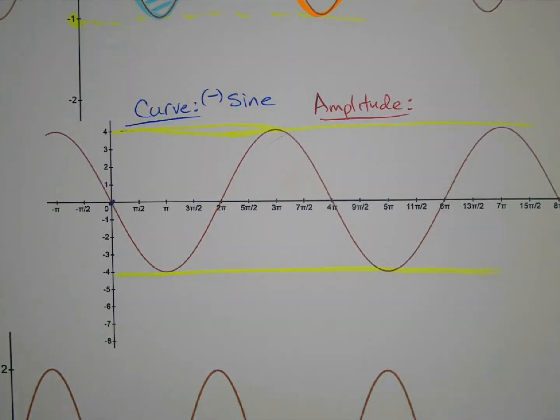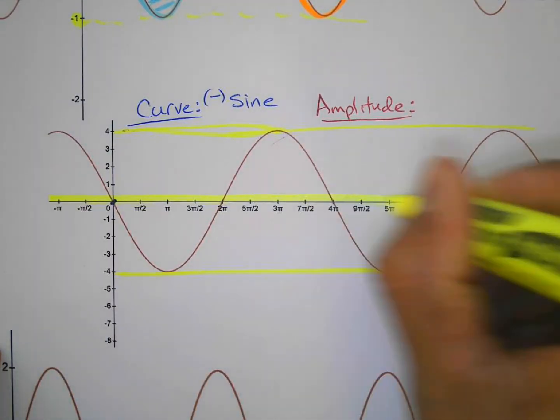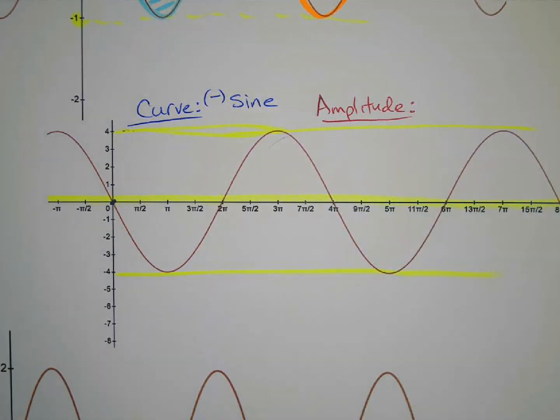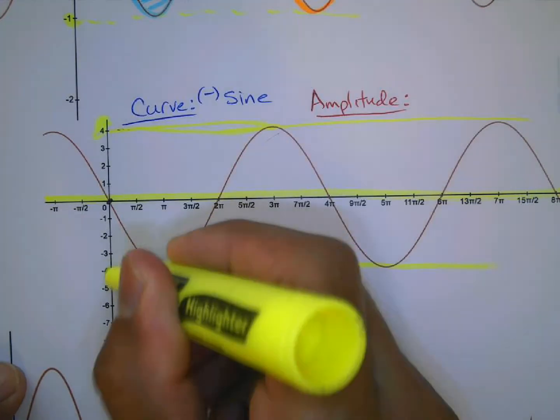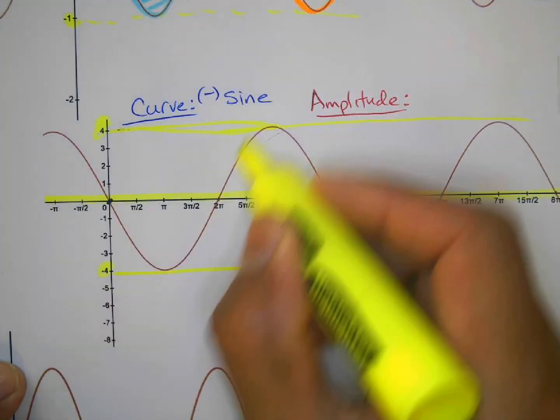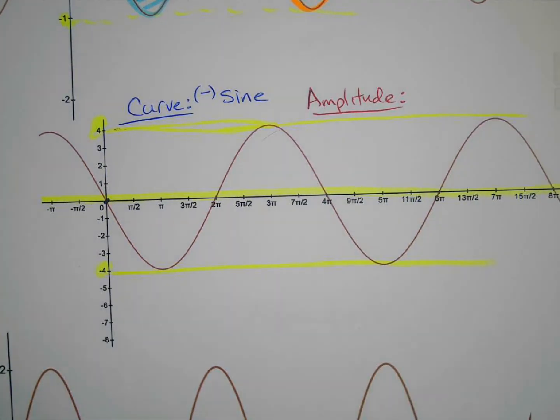That's the amplitude, from the midline. Here's the midline right here. For right now, it's the x-axis. So obviously the amplitude is 4. It doesn't go any higher than 4, and it doesn't go any lower than -4. The amplitude is 4.